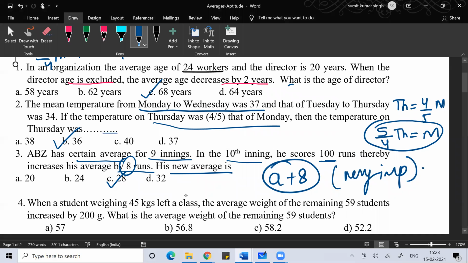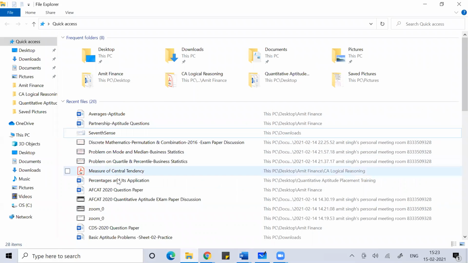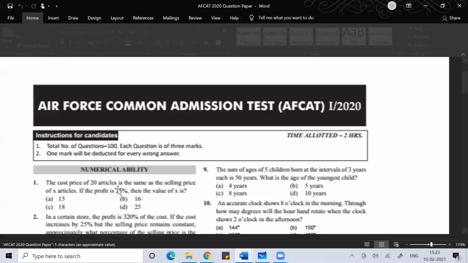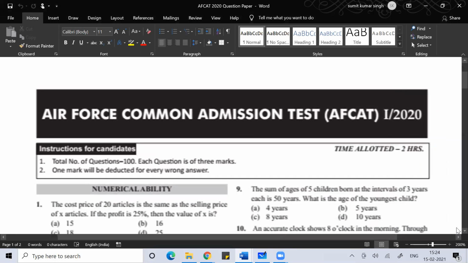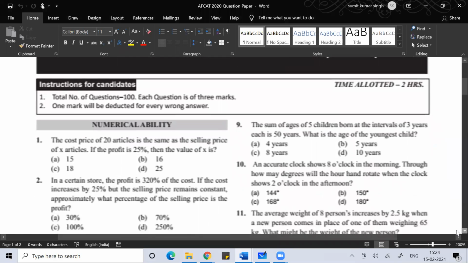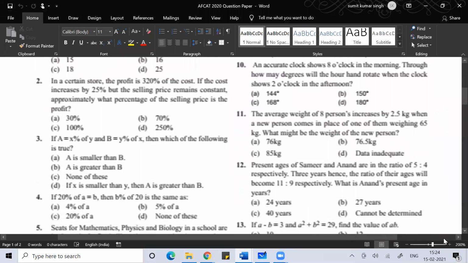So I'm assuming you people are understanding this part. If I show you this FCAT exam, FCAT 2020, I hope you know FCAT, Air Force Common Admission Test. So if anyone is interested in Air Force, here is the average question, question number 11.